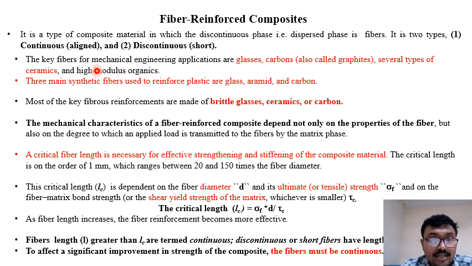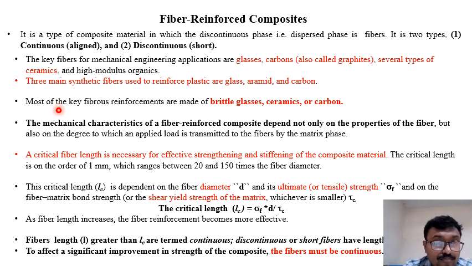The key fibers for mechanical engineering applications are glass, carbon, also graphite, and several types of ceramics and high modulus organic fibers. Three main synthetic fibers used to reinforce polymers are glass, aramid, and carbon.